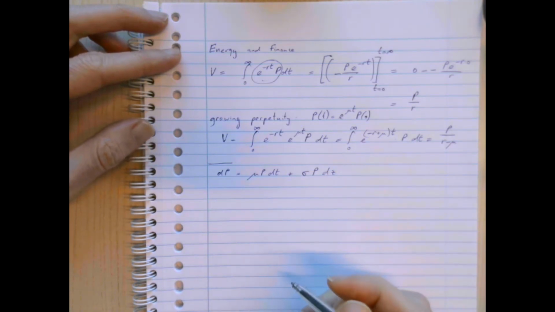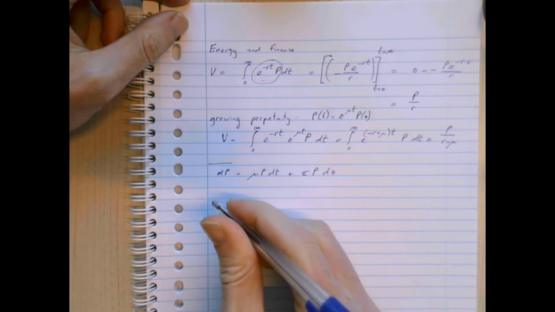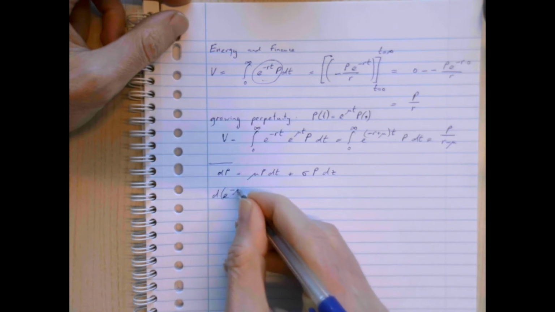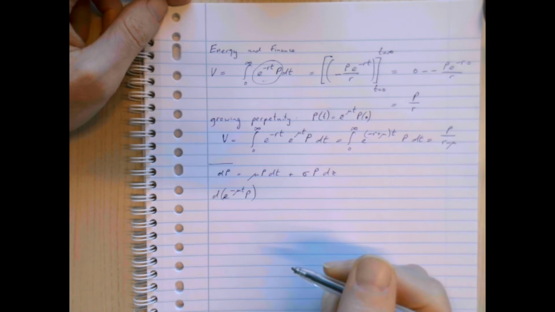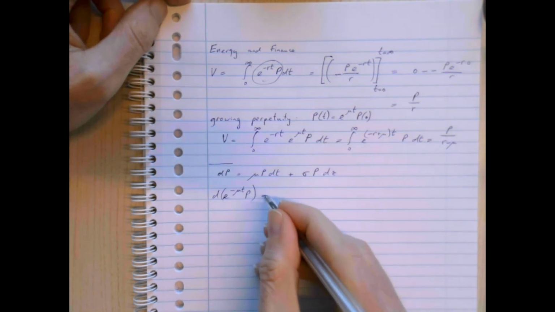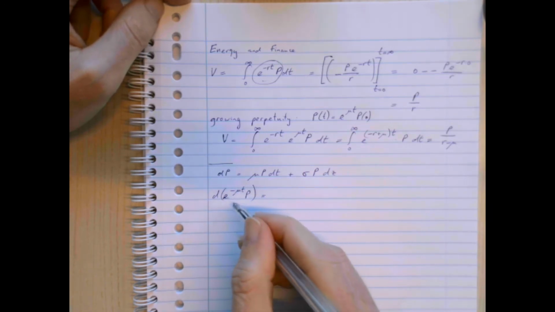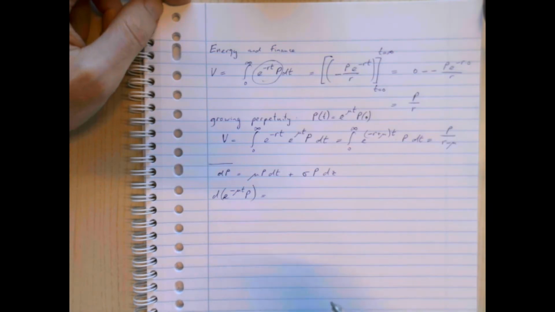One way of seeing what the expected value of p in the future is, is by rewriting this and seeing that if we take, instead of p, e to the power minus mu t times this price, what's that? Well, there's the derivative, an increment of this thing. How do we compute that? Using the product rule essentially.